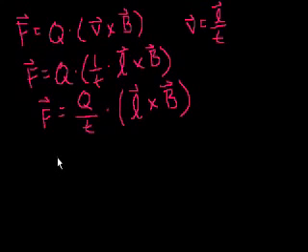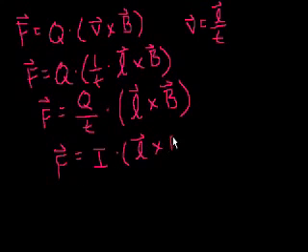So we get that force is equal to current times the distance that the current is flowing along, and you take the cross product of that with the magnetic field. Sometimes this is written as a capital L because it's a vector, but we started with the lowercase l, so we'll stay with the lowercase l.